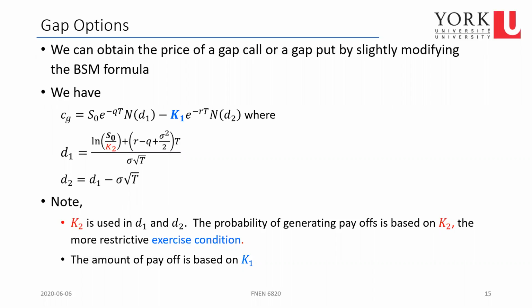Okay, so if you go through the integration that we went through to derive the Black-Scholes formula, you will see that when we integrate, the conditions that we integrate over should be based on K2.